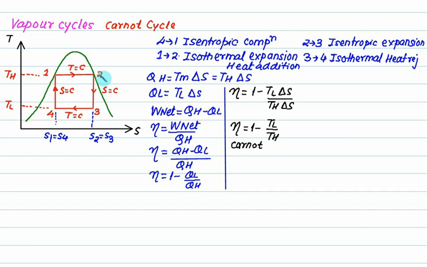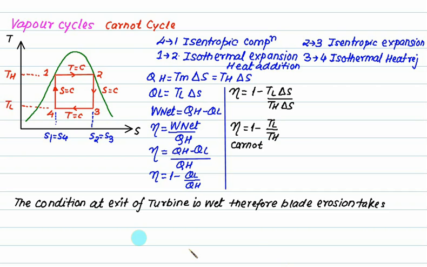So any blade that you design for the expansion of steam will not sustain the momentum of the water particles. Therefore there is erosion of the blades. So the first reason is that the condition at the exit of the turbine is wet, therefore blade erosion takes place, which is not desired.